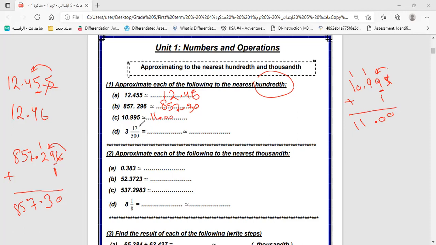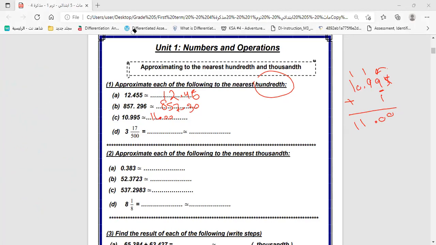Okay. 3 and 17 over 500. Yes, as before, it is not a decimal, so we should turn it into a decimal number. How? As I said before, 5 is a friend of 2, so multiply it up and down by 2. Drop the 3 as it is. 17 times 2 is 34. 500 times 2 is 1000. It will be 3 point.